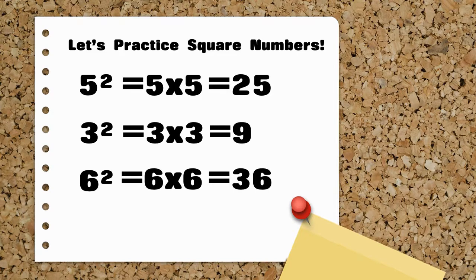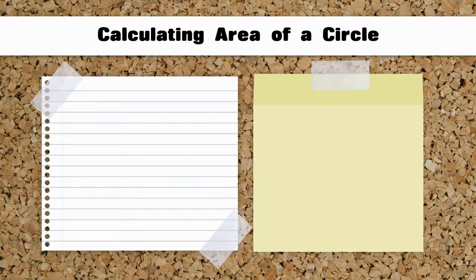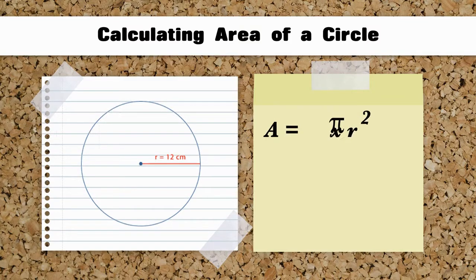So now that we know how to find the square numbers, we're ready to calculate the area of a circle. Let's look at this circle. Remember our formula for finding the area? That's right, pi r squared. R represents our radius. So, let's write out our formula.